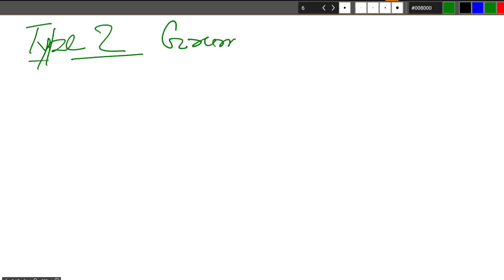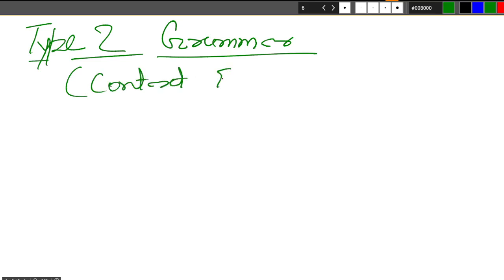After that, we can call it type 2 grammar. So what happens in type 2 grammar? It will be called context free grammar, CFG.